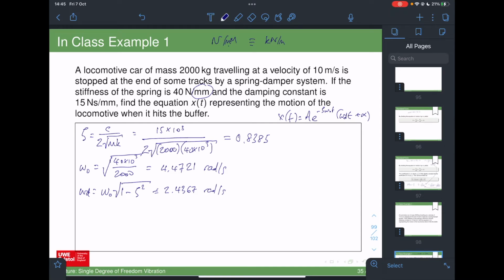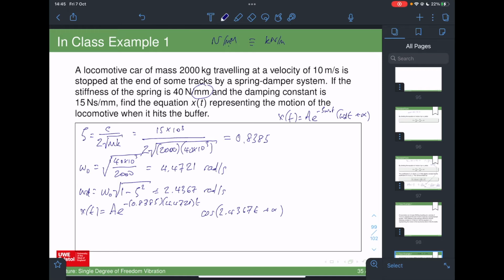So I could start writing it out. x of t is A e to the minus 0.8385 times 4.4721 t, cosine of 2.4367 t plus alpha.